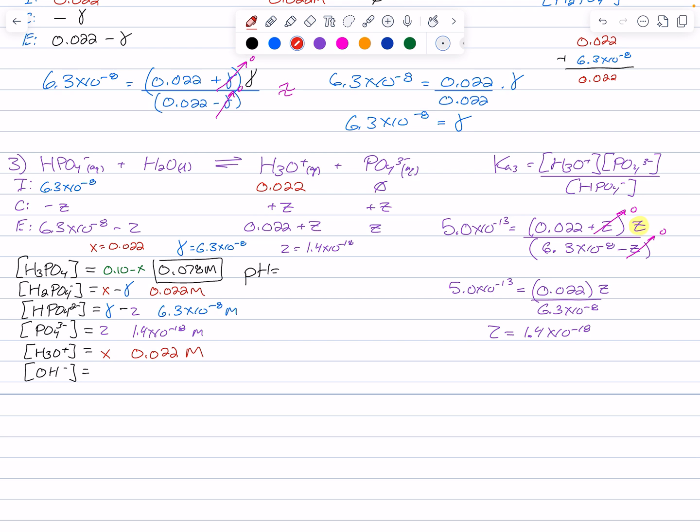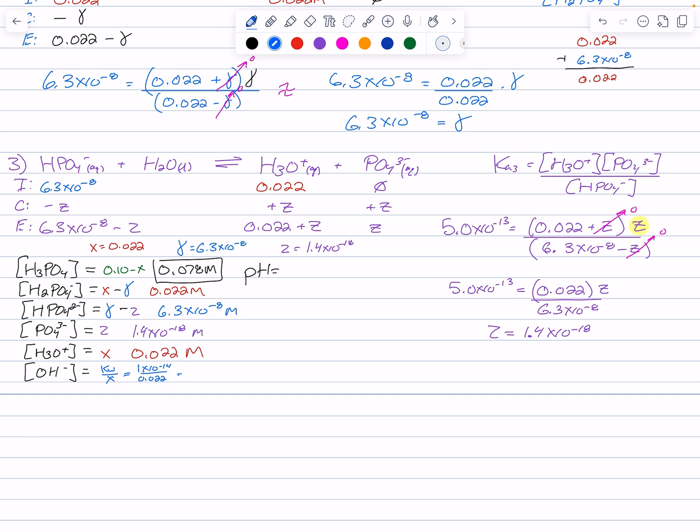All right, so hydroxide would be Kw over X, right, which is 1 times 10 to the negative 14 divided by 0.022. And so 1 times 10 to the negative 14 divided by 0.022.